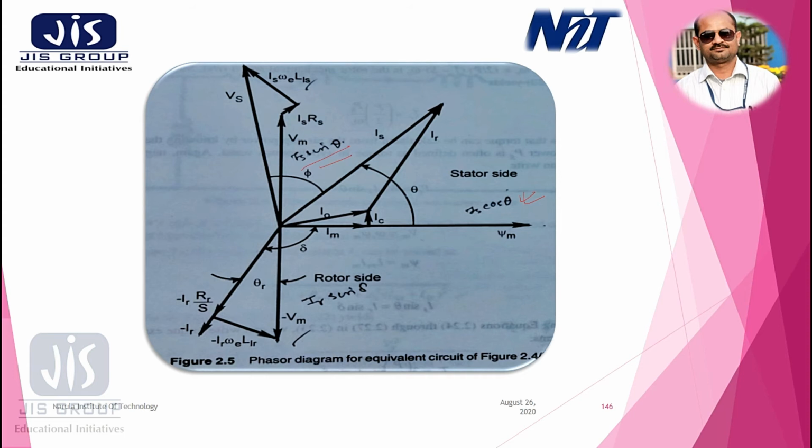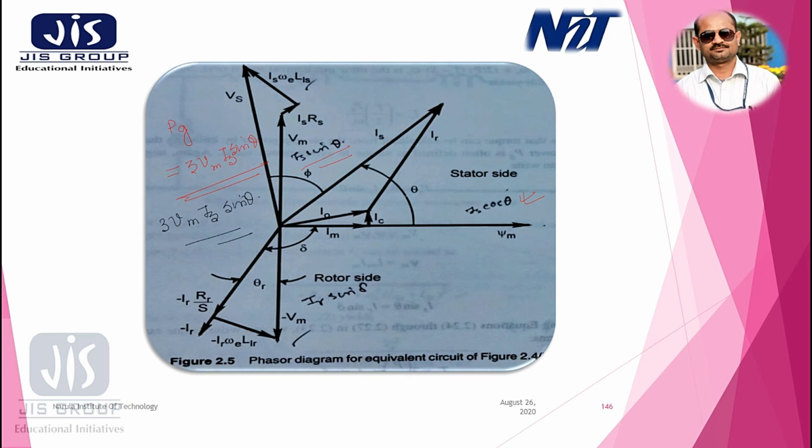So what is my Pg, air gap power? We have neglected the core loss, so it will be 3 Vm Is sin theta from the phasor.